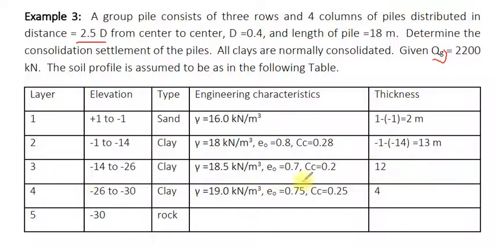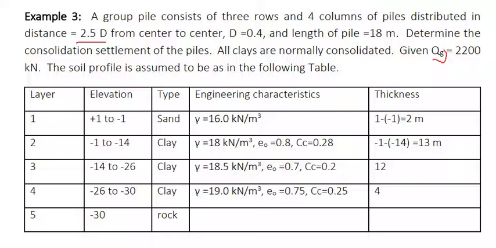You can get it also by subtracting -14 from -26, which gives us 12 meter. The rock layer is at a depth, or at a level, equal to -30.